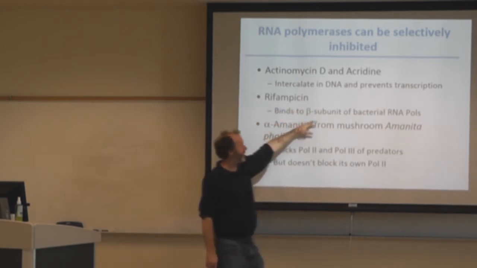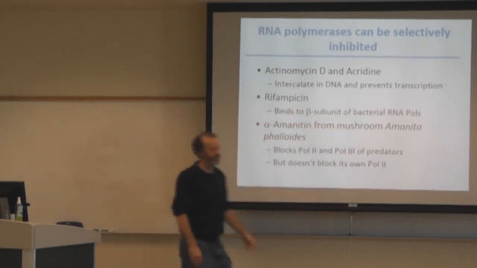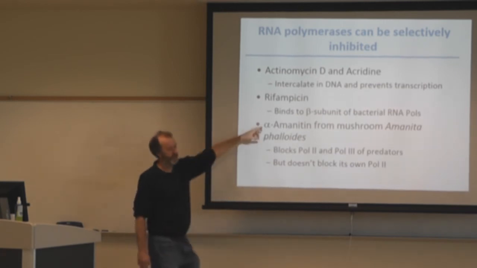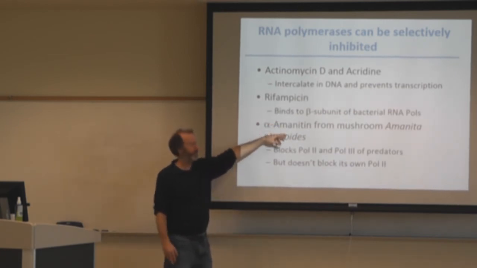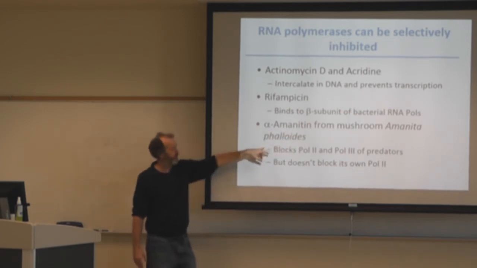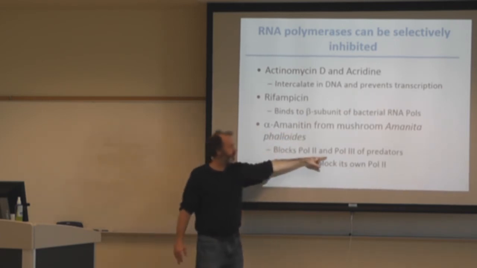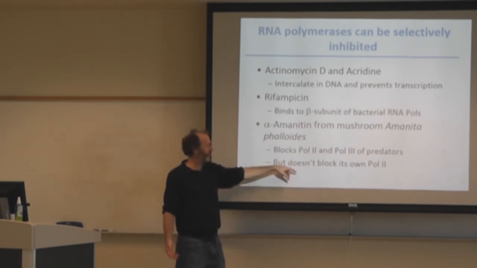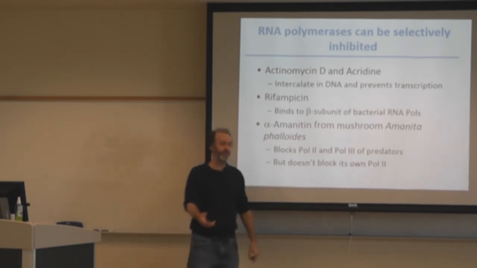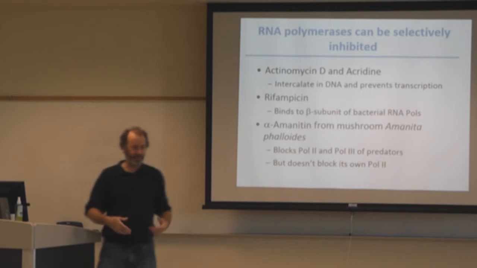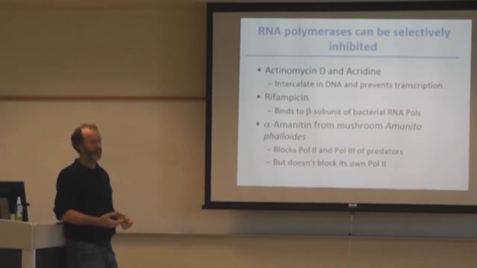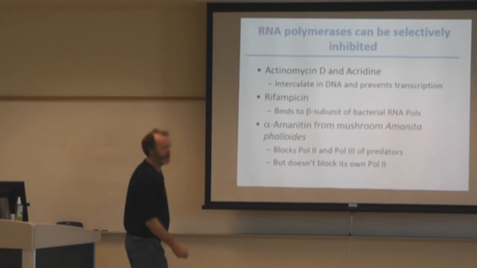Rifampicin binds to the beta subunit of bacterial RNA polymerases. So that's how we can block their growth and kill them. Alpha-amanitin from the mushrooms blocks polymerase 2 and polymerase 3 of predators, but doesn't block its own polymerase. So it's adapted a toxin to make things not want to eat it. Or if they do eat it, they pay dearly.